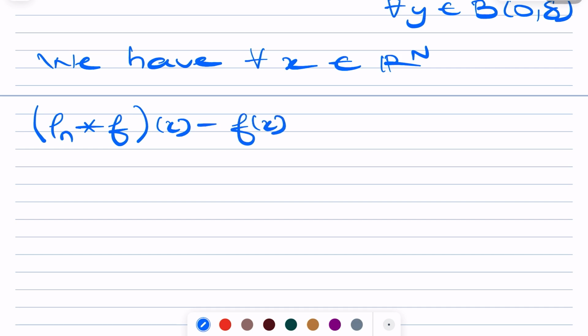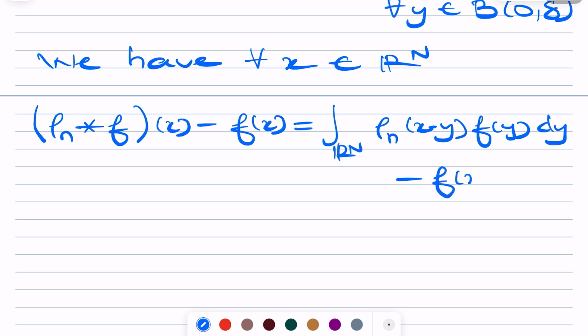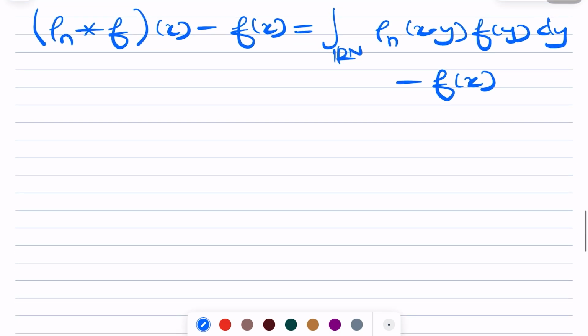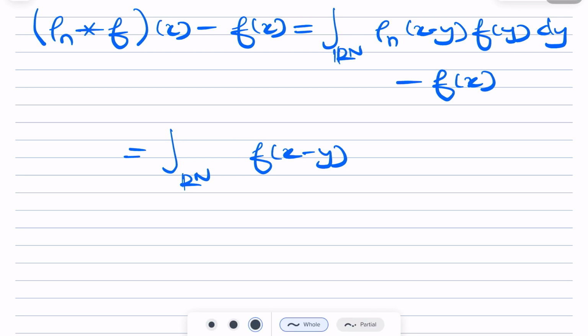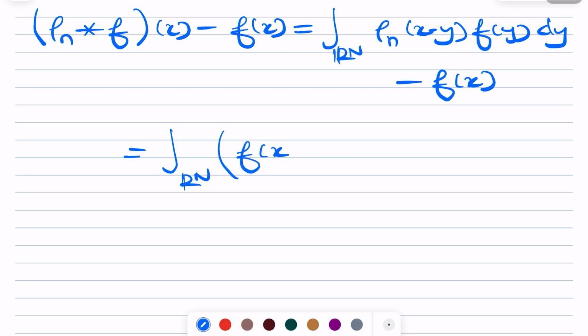This is equal, by definition, to the integral over R^n of rho n of x minus y times f of y dy, minus f of x. I'll go a bit faster here. This is again equal to the integral over R^n of f of x minus y, minus f of x, times rho n of y dy.